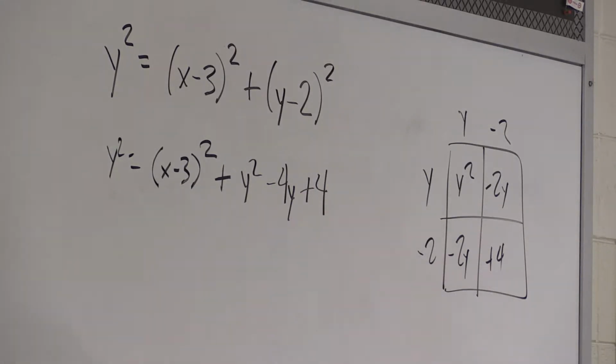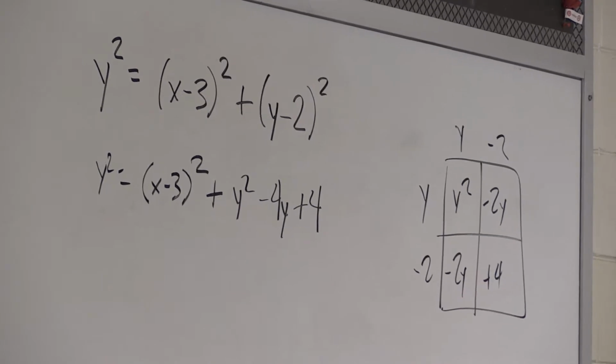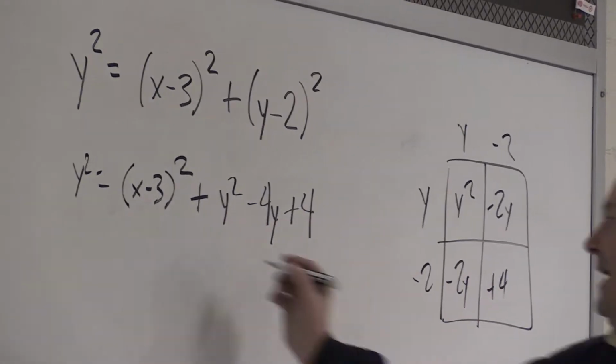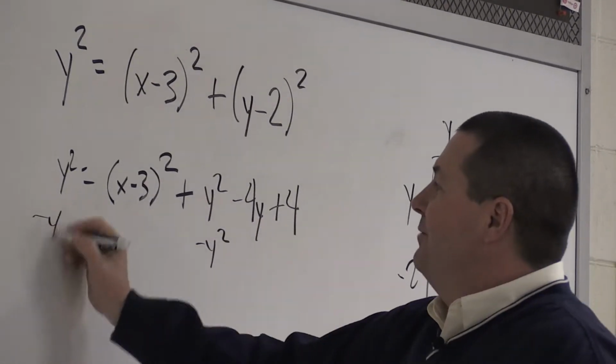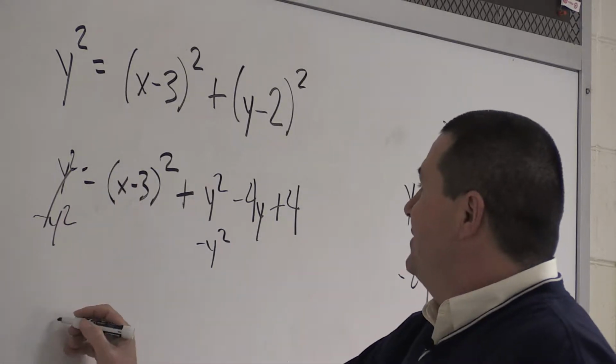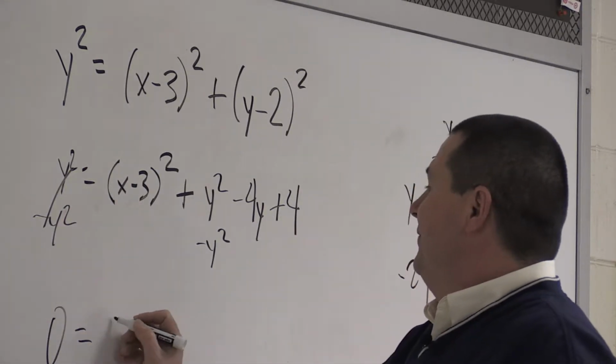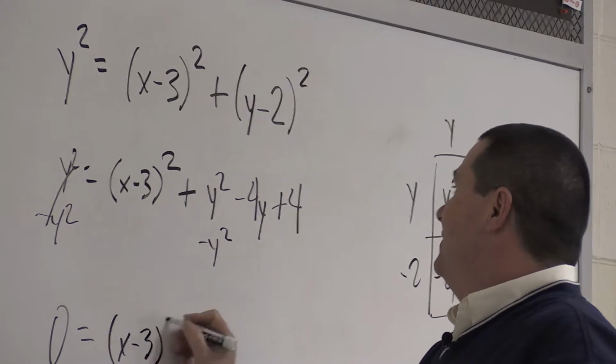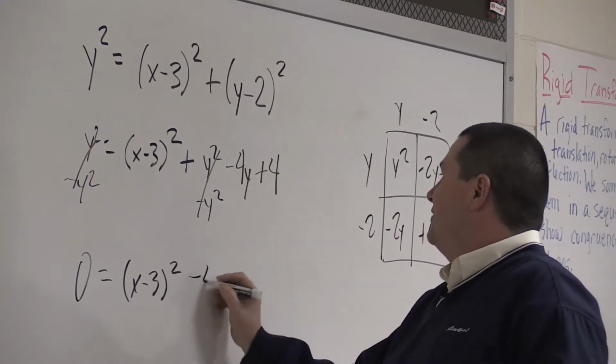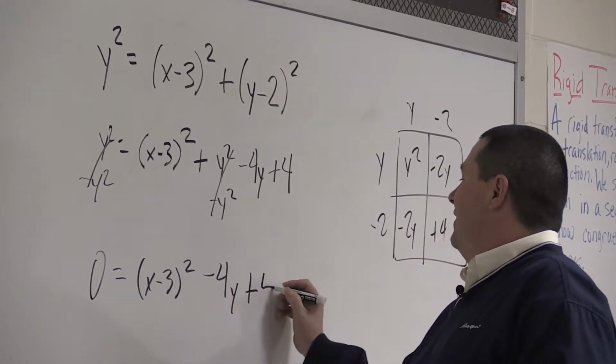How many of you noticed the 2 y squareds there and kind of panicked a little bit? What happened to the y squared and the x squared yesterday? So we subtract those from both sides. That leaves a 0 there. X minus 3 squared minus 4y plus 4.